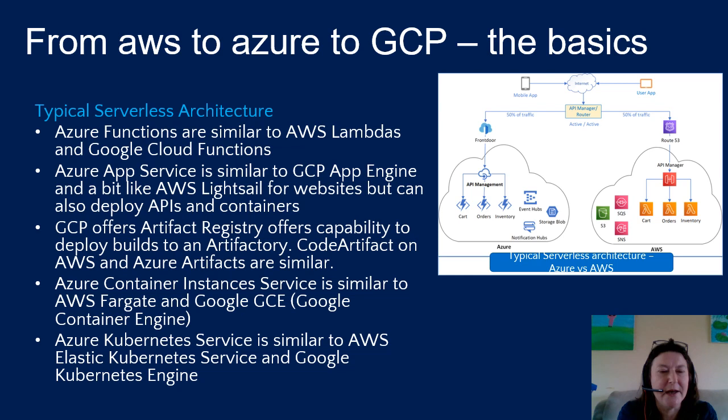There's also GCP, which offers Artifact Registry, which is kind of like a way of registering which functions and which microservices are available. It's a little bit like these kinds of architectures. Azure has Container Instance Service, which can be used to manage containers, which is very similar to AWS Fargate, a serverless container management system.